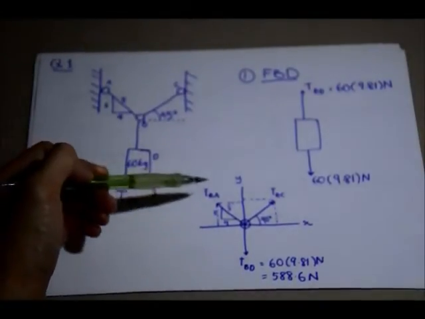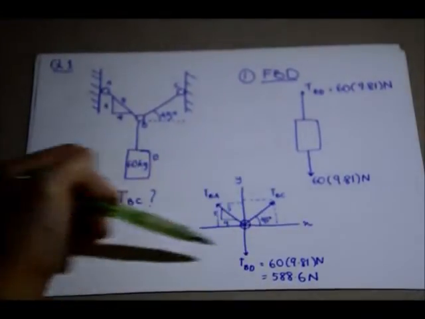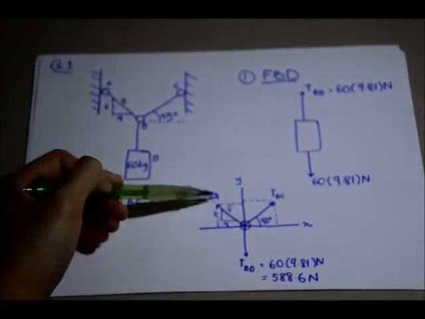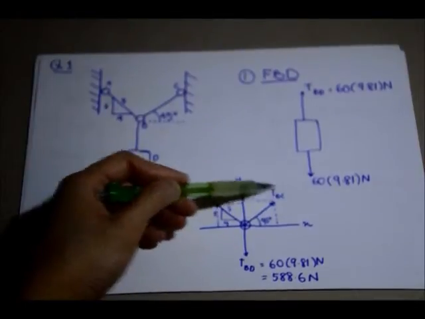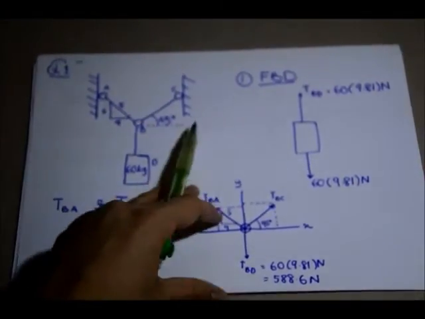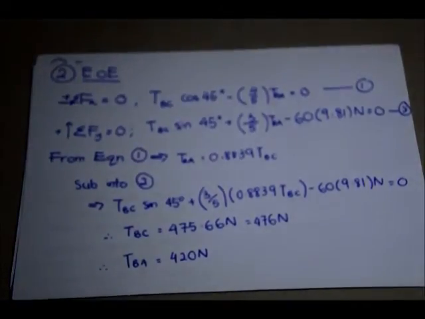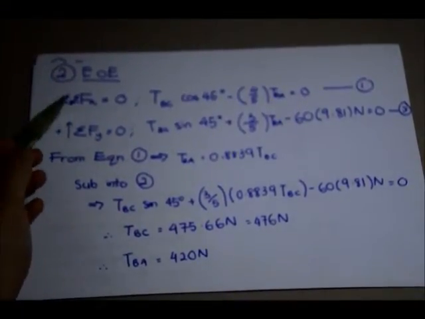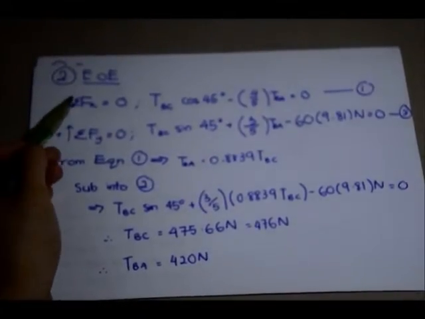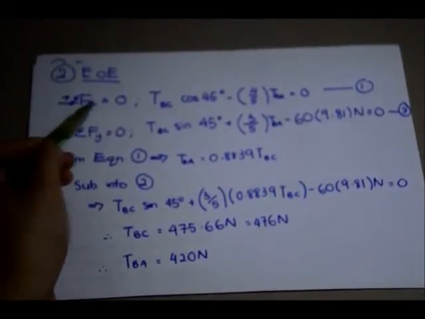Let us look at the second free body diagram. The magnitudes of TBA and TBC are unknown, but we know their directions. Next step is applying the equation of equilibrium along the x and y axis. Now we have the summation of forces in the x-axis equal to 0.